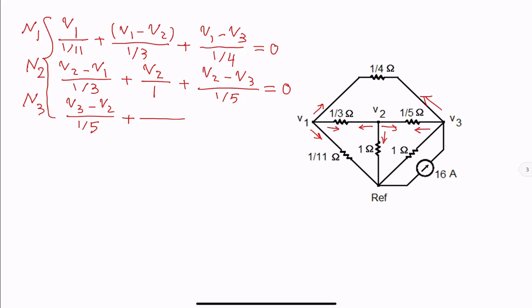So voltage is V3 minus V1 over 1/4. Going straight down, we have V3 over 1. And current leaving the node through the current source is minus 16 equal to 0.